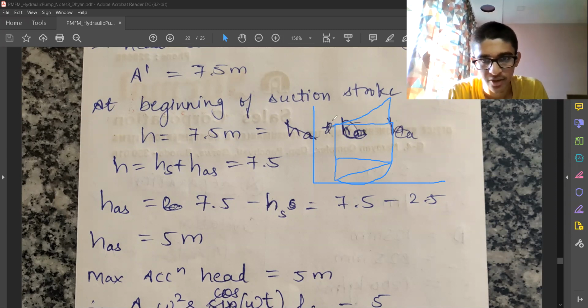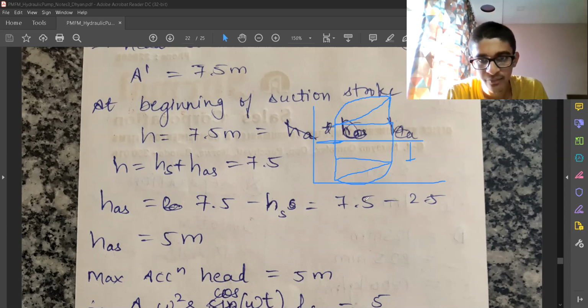I'm not good at drawing, but these were parabolas. Now at the end, the friction is not going to affect. So over there, the head is just the suction side head. This is H atmospheric, the suction head, and the acceleration head at the end points. And at intermediate points, there are going to be effects from friction.